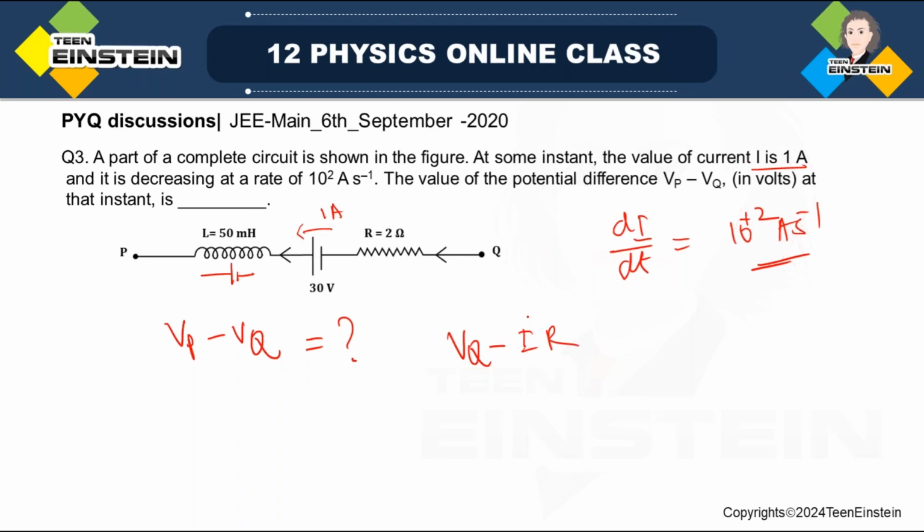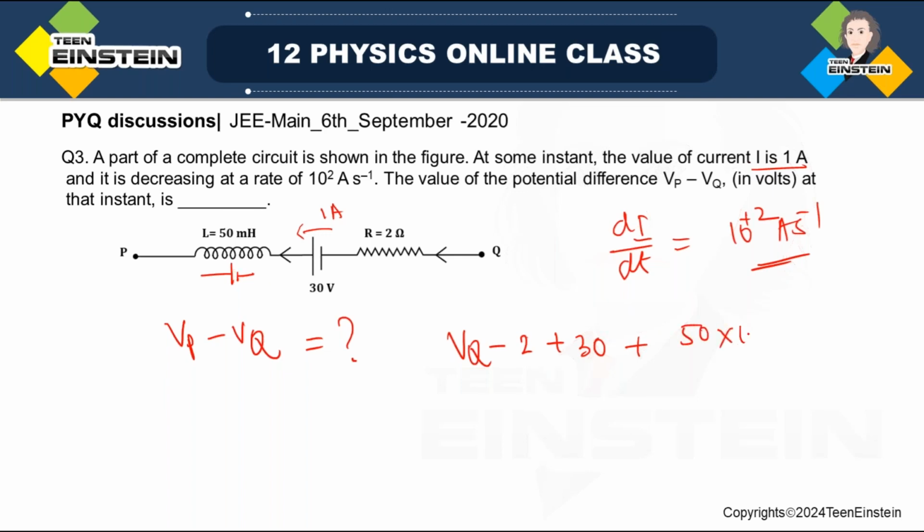IR means 1 into R, and this R is actually 2 ohm. Obviously you have this 30 volt, and this L di dt I have to multiply.